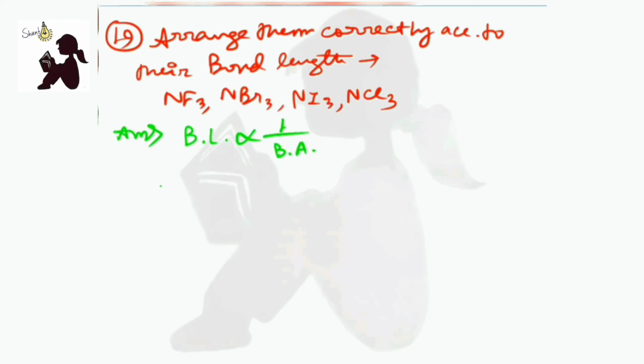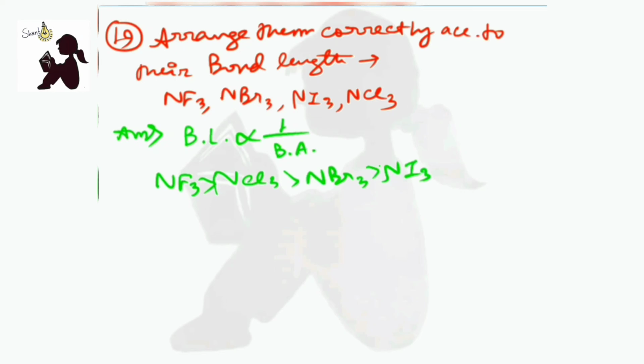So what will it be? The bond length order is NF3 greater than NCl3. Okay, because and then it will be NBr3, then it will be NI3, right?